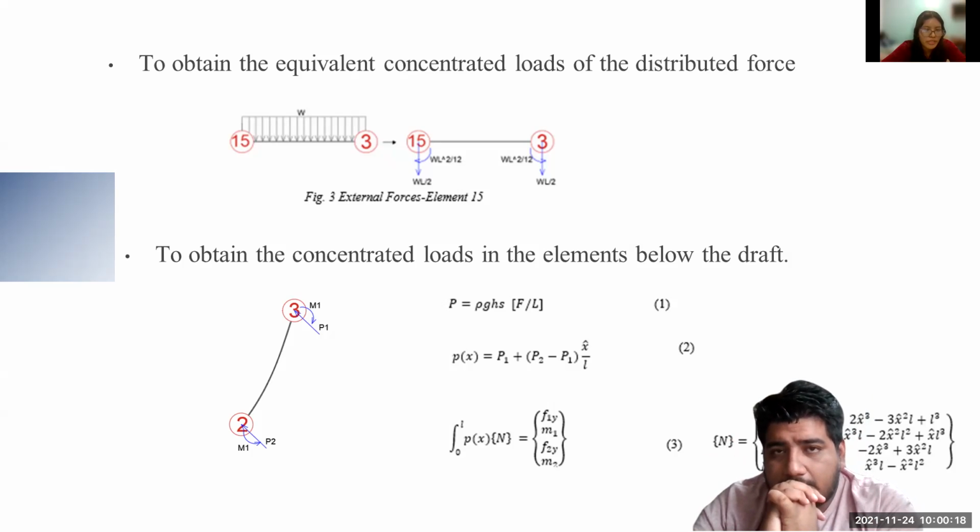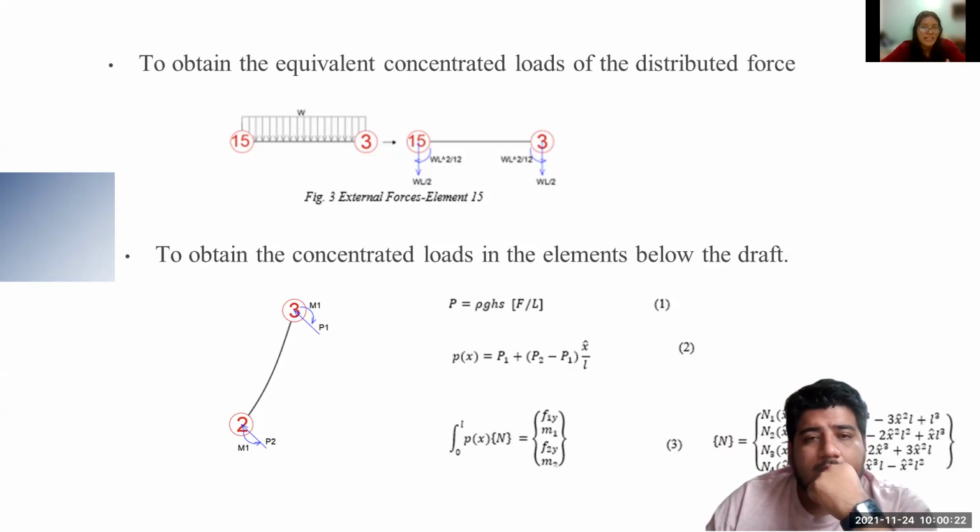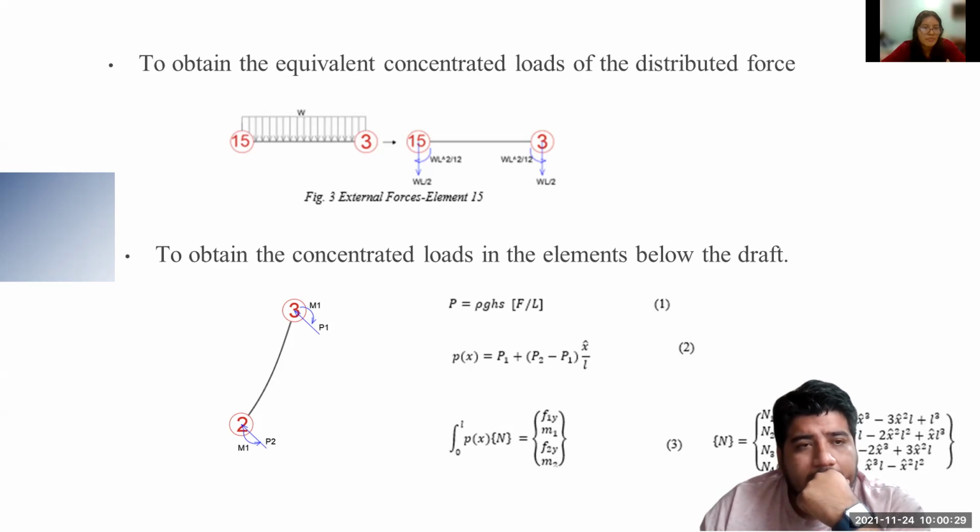Now, to obtain the concentrated load in the element below the draft, it is necessary to obtain the hydrostatic pressure distribution. As an example, we have element 2 formed by joint 2 and joint 3.